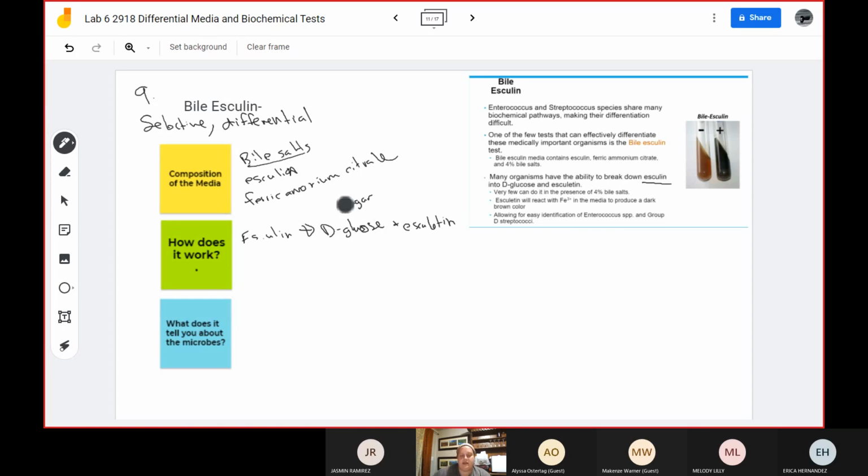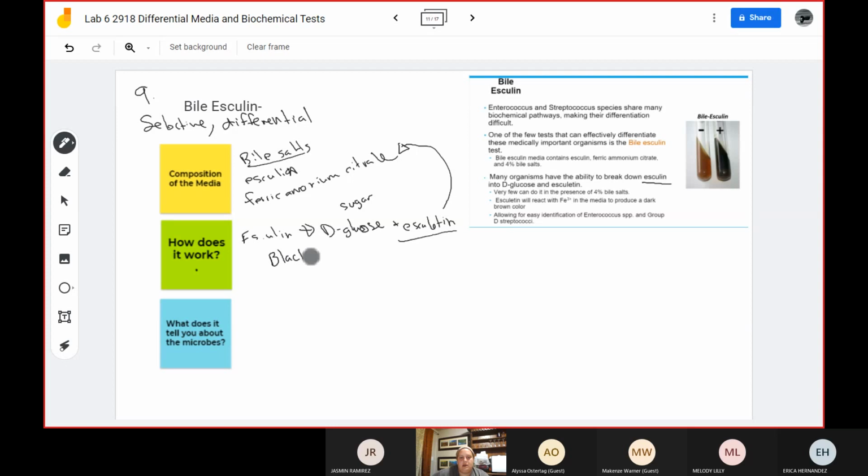And then it's continuing able to utilize the sugars. If it can do this, the esculetin byproduct will react with the ferric ammonium citrate and produce a black precipitate. So this has iron in it, and iron reacting with different things will turn black in a media.